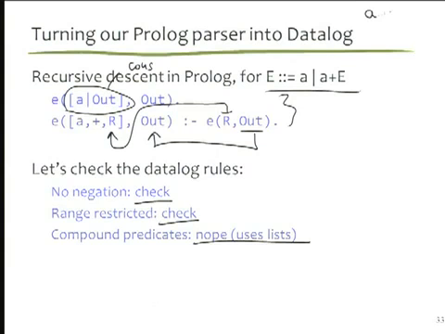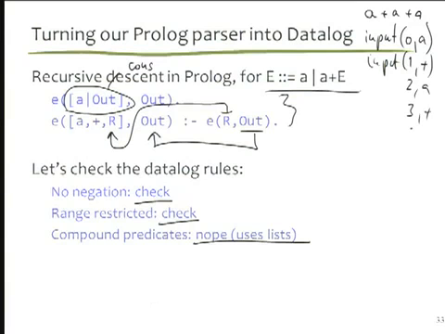If we have an input A plus A plus A, then maybe we could have a predicate called input: input 0 is A, input 1 is a plus, 2 is an A, 3 is a plus. That allows us to access all characters of the input, right, without having to use lists.